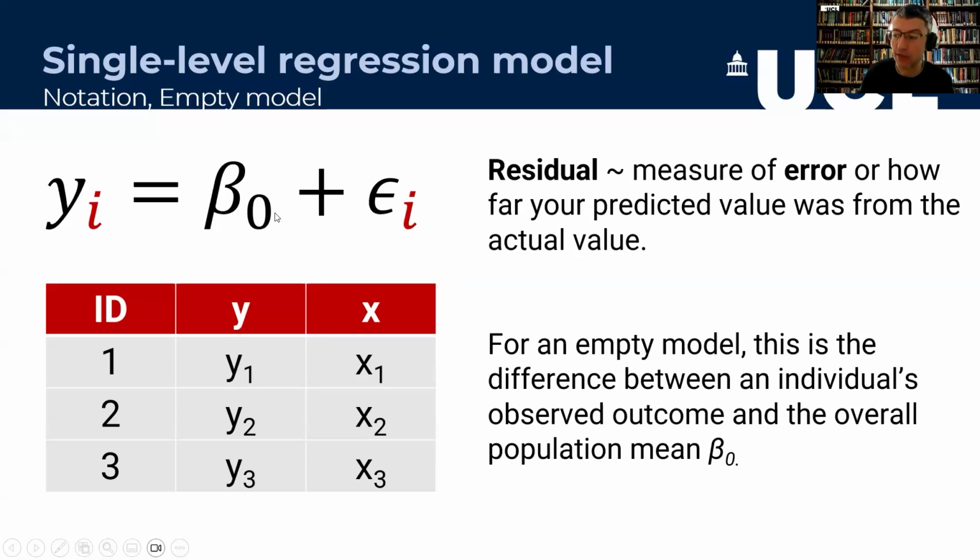So if we don't have any x's in our standard regression modeling, then our regression model would be written as yi equal to a certain average plus or minus a residual. That tells us how far away that specific observation for subject i is from the predicted average.